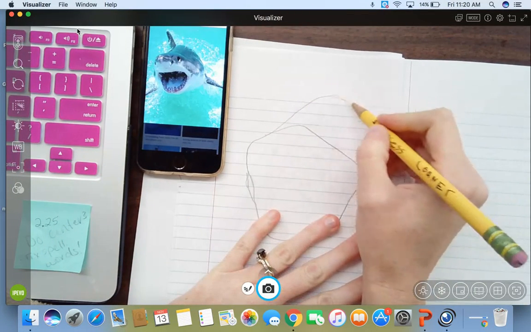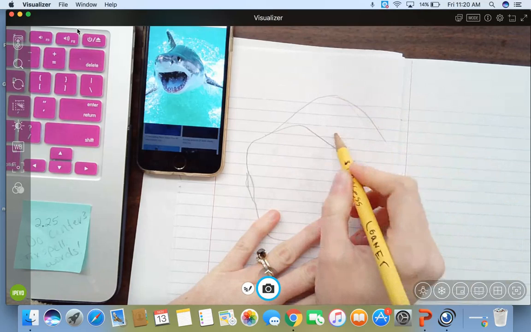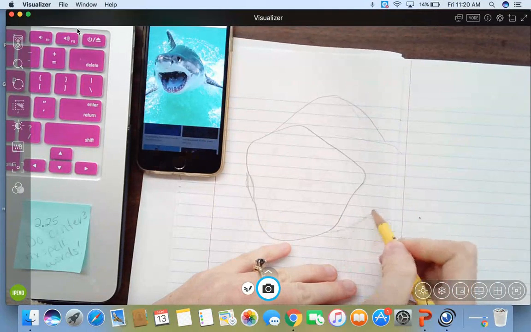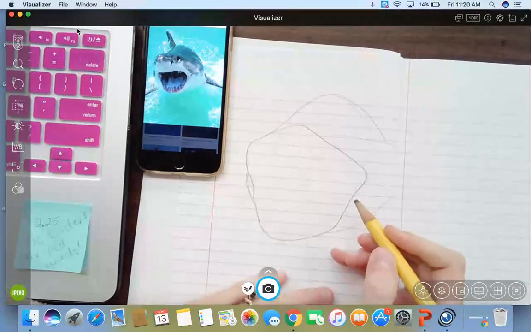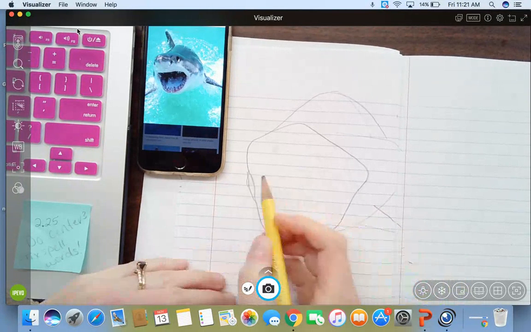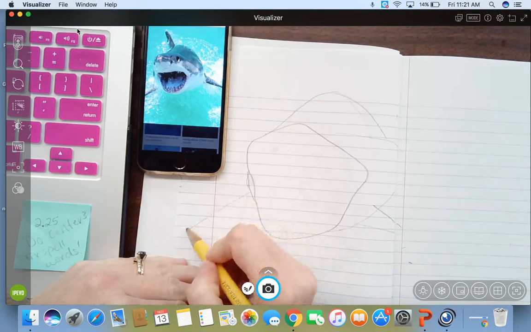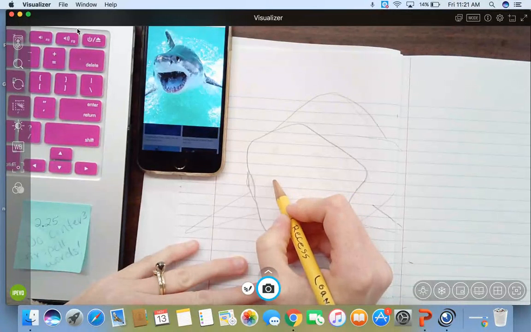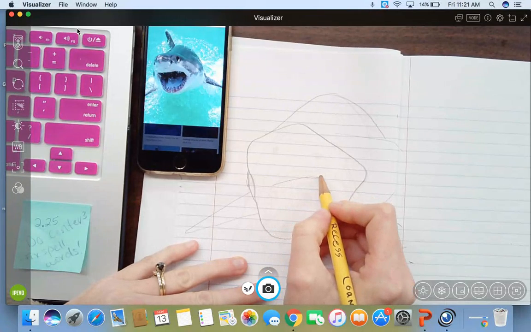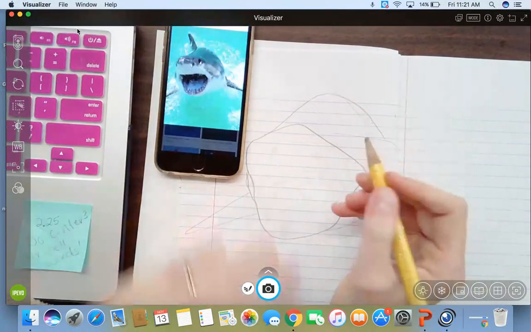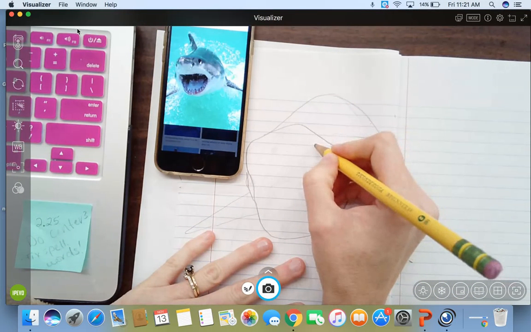Okay, I'm drawing the outline of him. Here's his fin. Here's his other fin. I know right now he looks weird, but we're going to be alright, I hope. Let's do his eyes first.